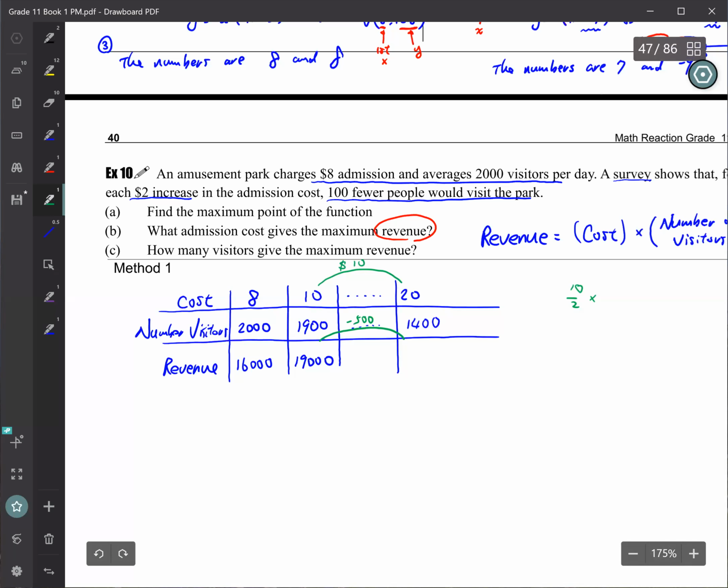Does anyone have a question about how we got the 1,400? Can you raise your hand if you don't understand? Or can you raise your hand if you understand how we get 1,400?